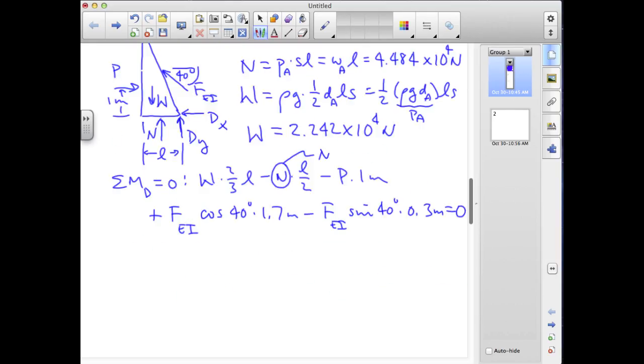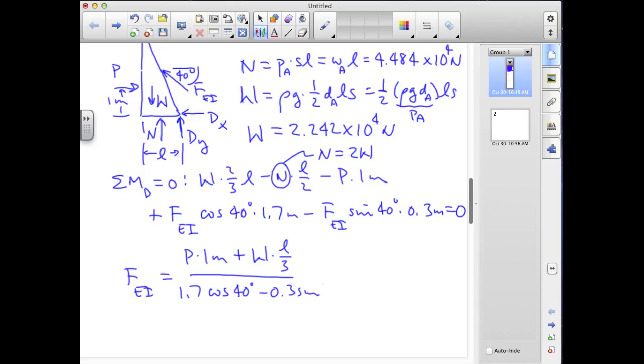Now we can just note that this N is actually equal to 2W, so those first two terms will give us a net minus W times L over 3, and we could rearrange this as P times 1 meter plus W times L over 3, over 1.7 cosine 40 minus 0.3 sine 40 meters.